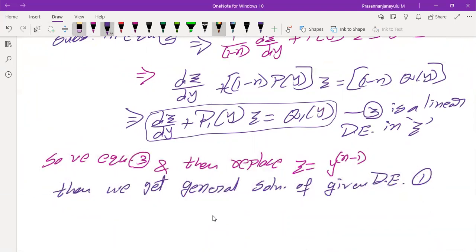What is the z here? z is x power 1 minus n. Then we'll get the general solution of the given differential equation number 1. So this is the procedure of method number 2.